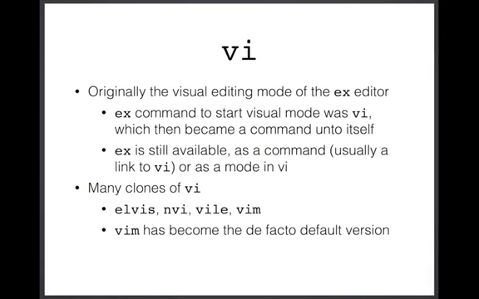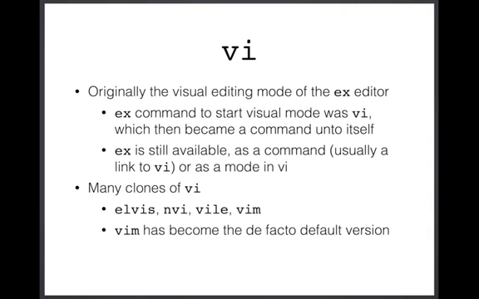But people still wanted to be able to see the file they were editing more than one line at a time. So a visual mode was added to X, and you would run X, and if you wanted to run it in visual mode, which then took over the screen and showed you a screen full of text at a time, you could edit it that way.